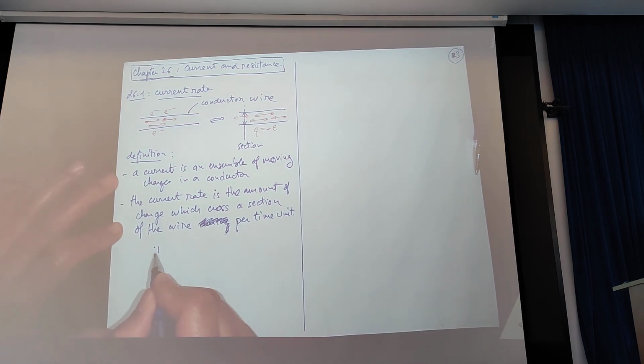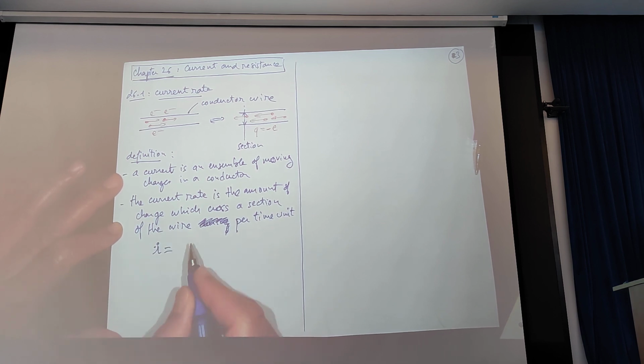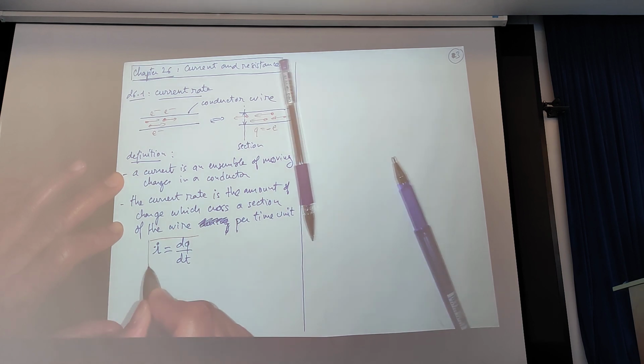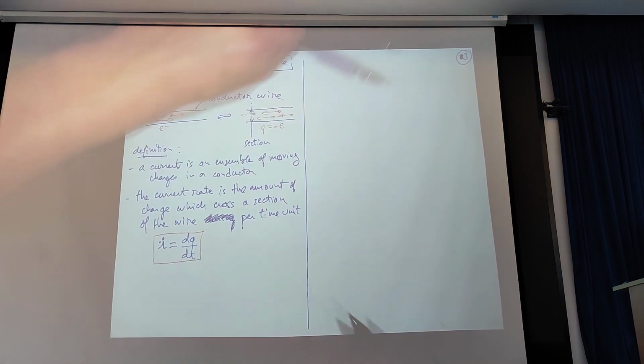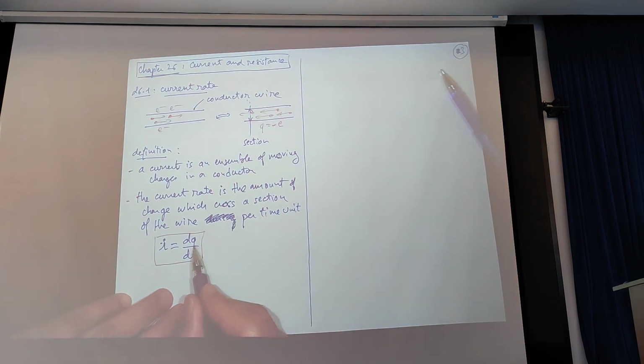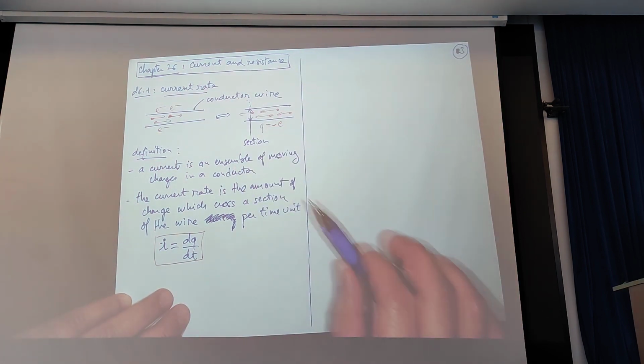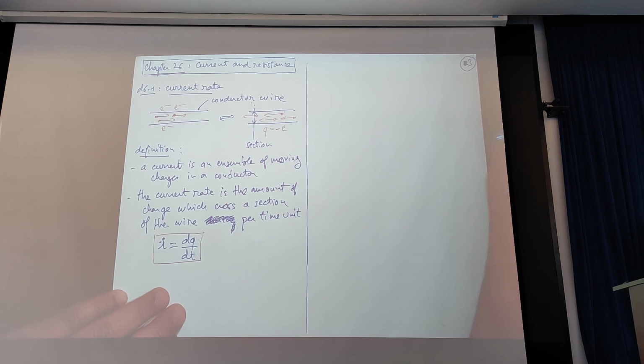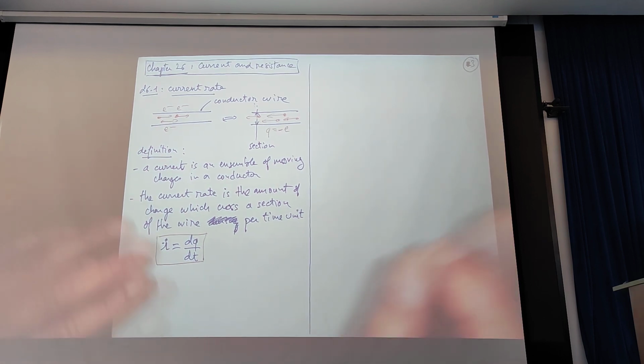So basically the definition is the current I is equal to dq over dt, where dq is the number of charge which crosses the section, and you divide it by dt to have the time unit. Is it okay?